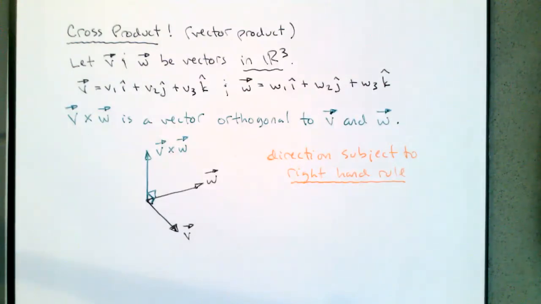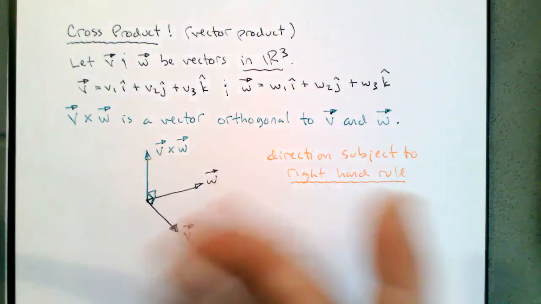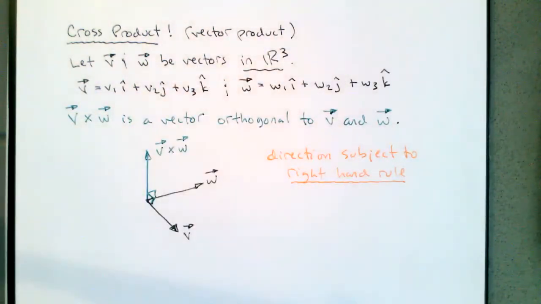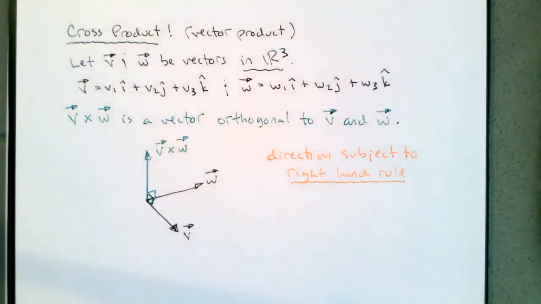This is the same thing that we use for screwdrivers, lefty loosey, righty tighty. You put the fingers of your right hand in the direction of the first vector listed, and you curl your fingers towards the second vector. So I would point my hand in the direction of V and curl my fingers towards W, and that tells me that V cross W will be going up.